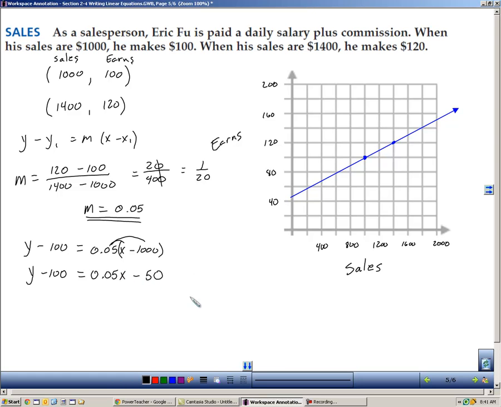Last thing I want to do is isolate the y to get this in slope-intercept form, so I will add 100. So y equals 0.05x plus 50. And this is the formula that represents Eric's salary based on his commission. So if you take any one of his sales and plug it in for x, and you do the algebra, that will give you what he is going to earn.